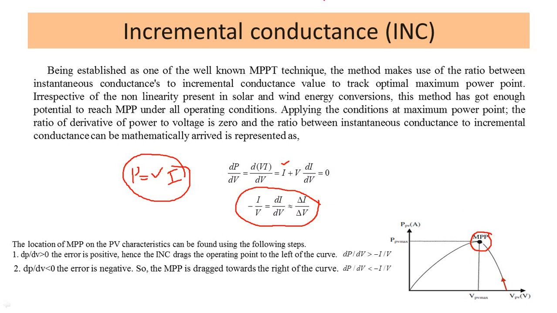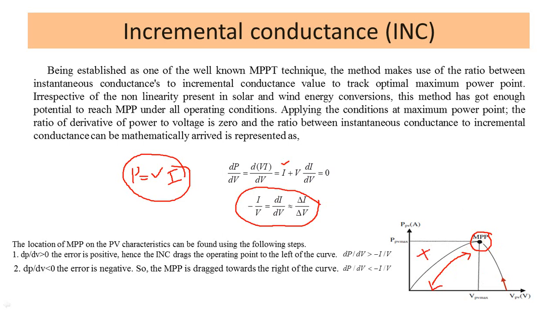Now this dP by dV, let us say this error, is the change in power and change in voltage. When this dP by dV error is positive, it is operating in the left-hand side.